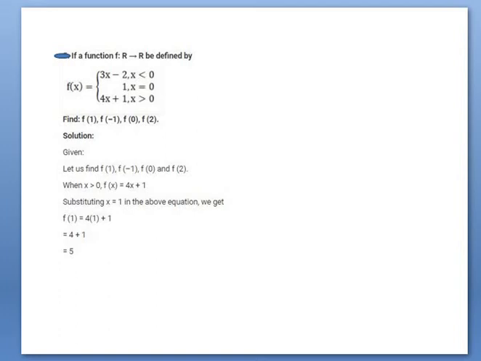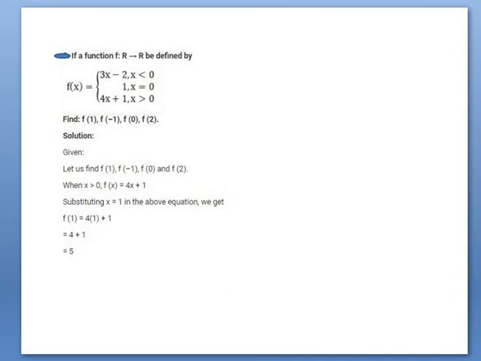That means x is greater than 0. Now if x is greater than 0, our value of f of x is 4x plus 1. Is it clear? Now, when x is greater than 0, f of x is equal to 4x plus 1.